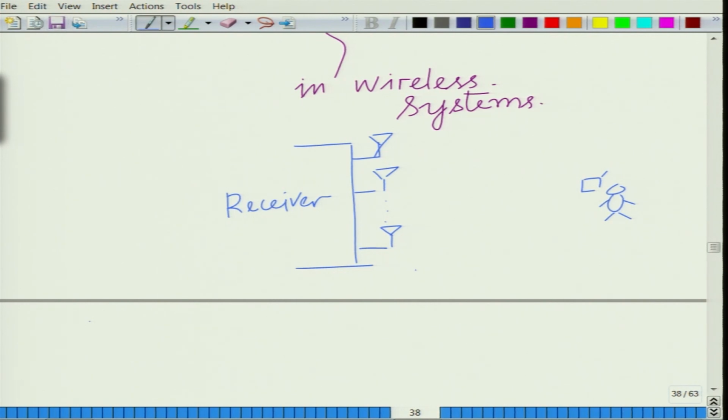These are the antennas. Each of these is an antenna. You have several antennas.